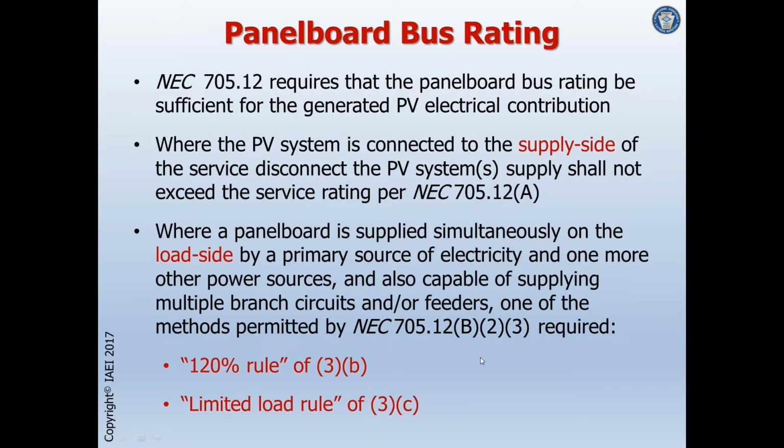And there's basically two that are applicable there. We're leaving out feeder taps and other methods, but for the bus bars themselves, there's what's commonly called the 120% rule of 3B, and something else that I call the limited load rule of 3C. So those are two practical ones for applying to panel boards. We'll go through those now.